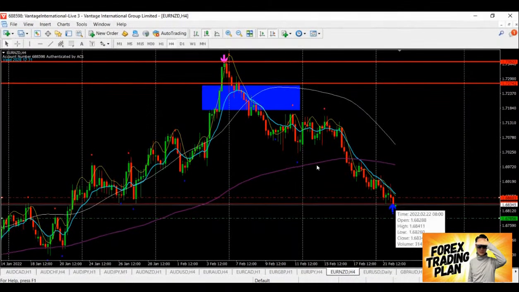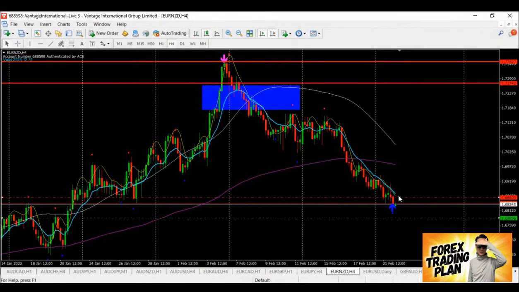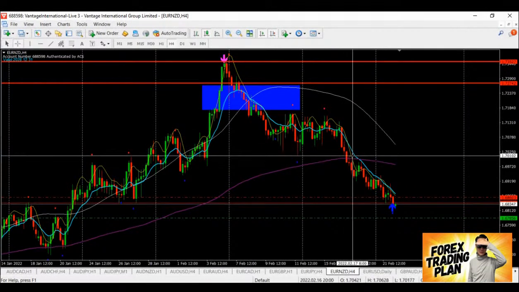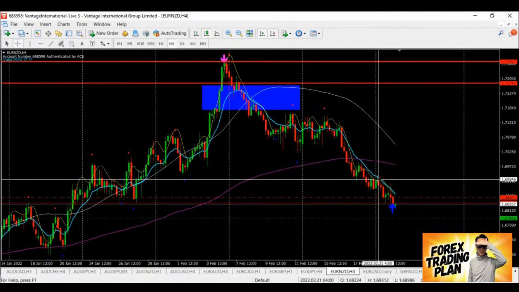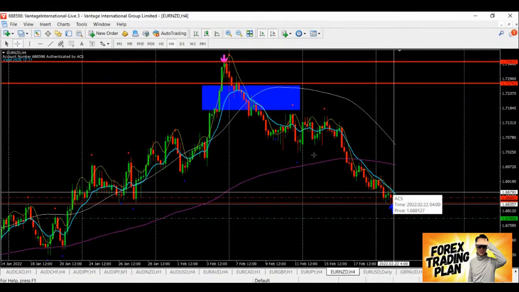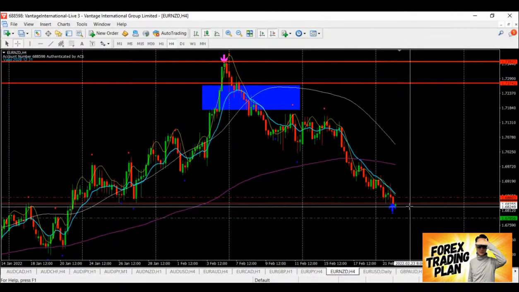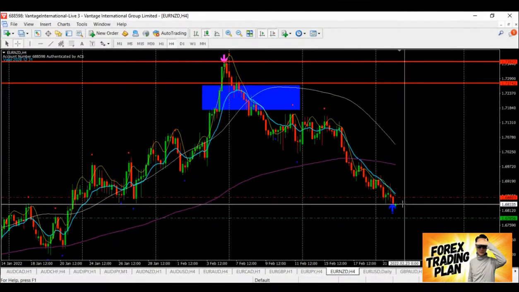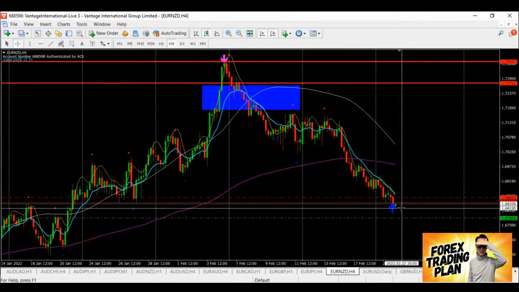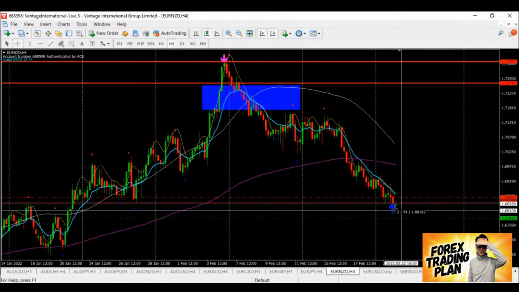Remember, this is going to test this resistance. Once it's tested and not breaking up, then it's a trending market forming a lower high, lower high, lower high, and going to break down to create a lower low, lower low, lower low.